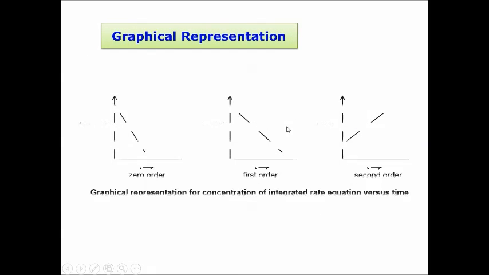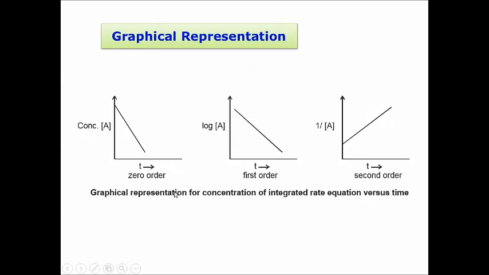Now the second graphical representation is for concentration of integrated rate equation versus time. Here for the zero order, concentration of A versus time when you plot, there's a decrease.